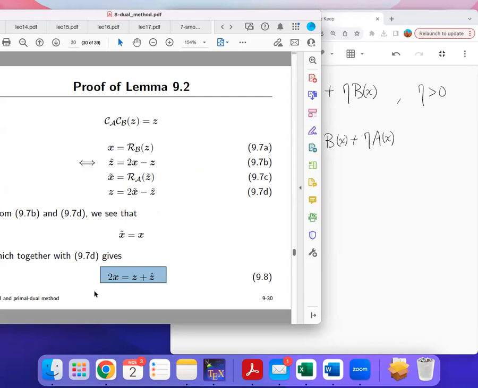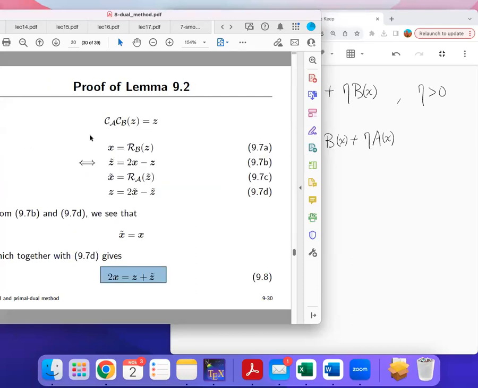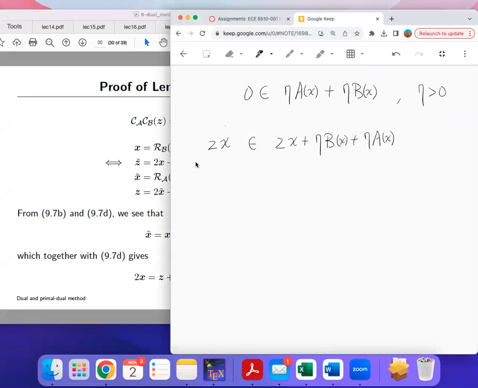So we have this equation, 2x equals z plus z tilde, where z and z tilde are defined as follows. And then we need to further introduce some slack variables.